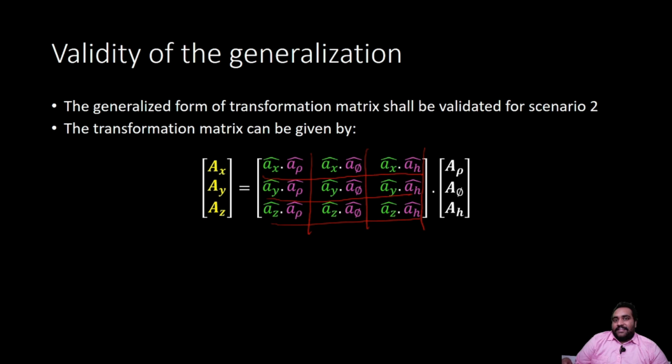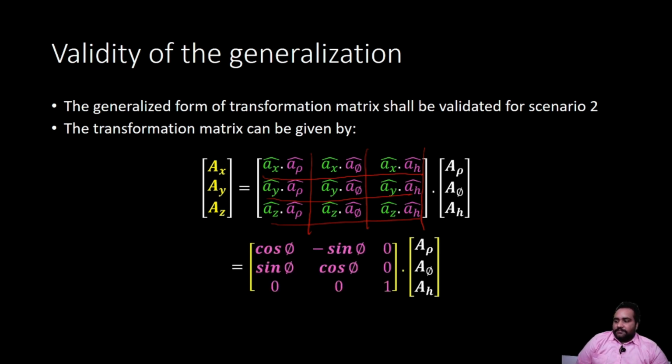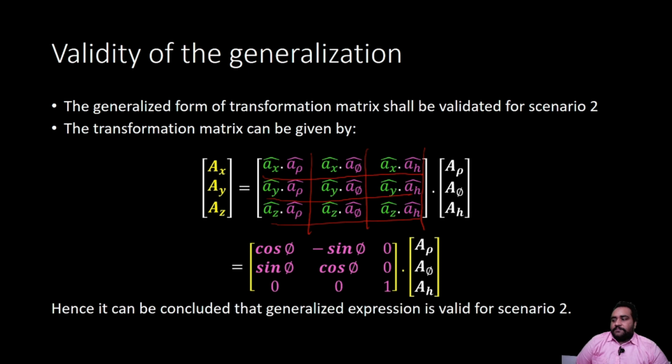Not just that, they are also inverses of one another, as they must be. And if I verify by performing the dot products mentioned in the matrix, I will be getting the same matrix which I have gotten earlier. So thereby I can conclude that the generalization is valid for scenario 2 as well.